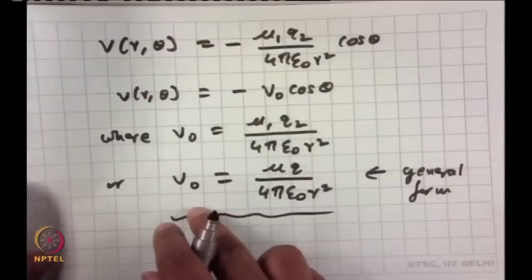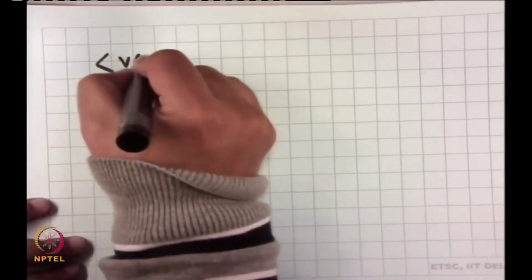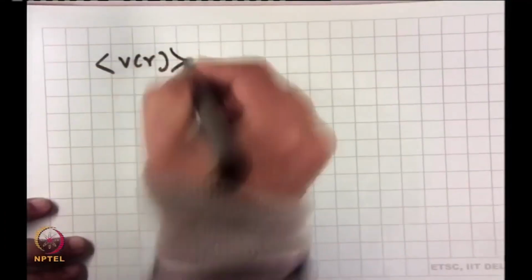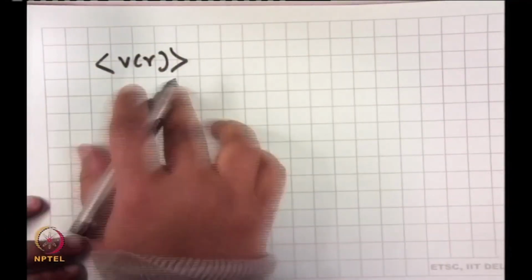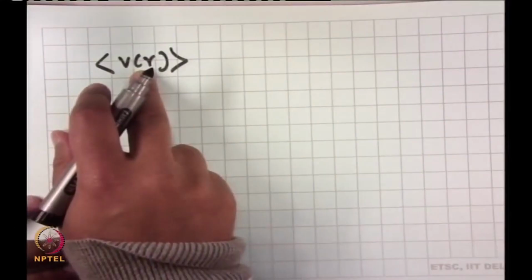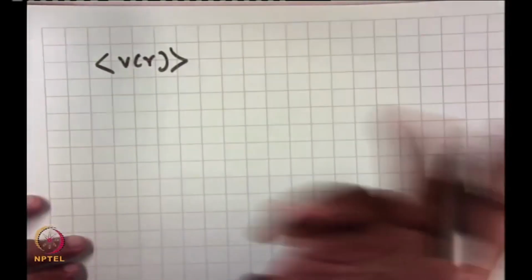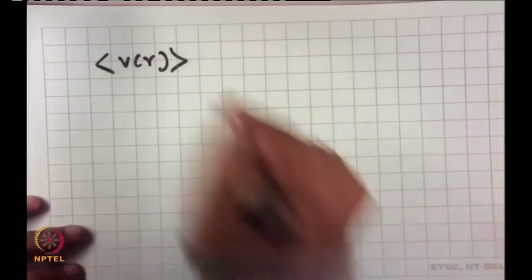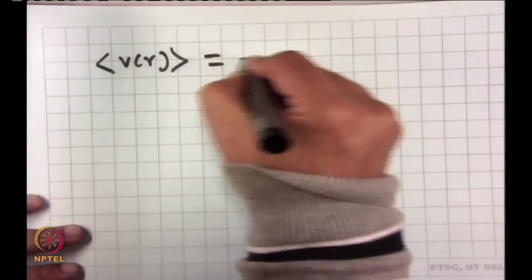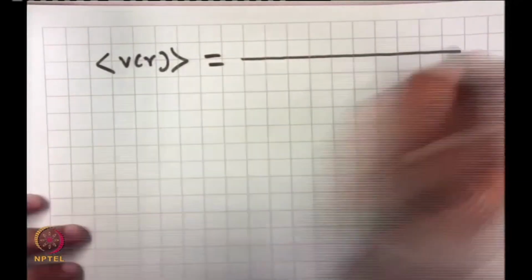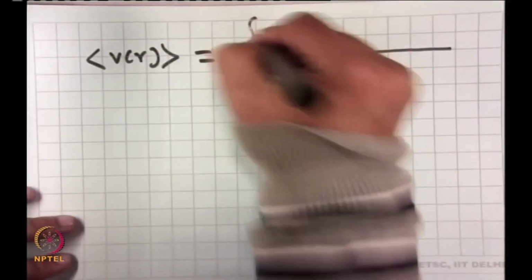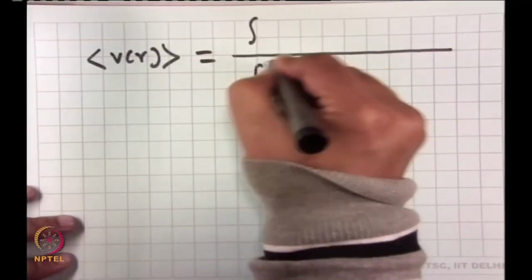Now what do you mean by that? To find the potential coming from orientational averaging, we will solve an integral like this. I am not writing V of r, theta anymore, because I am doing an orientational averaging, essentially integrating theta out. There is no longer any theta dependence. So this you have to remember. Let us look at the limits, 0 to pi.